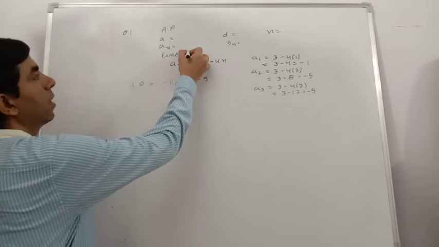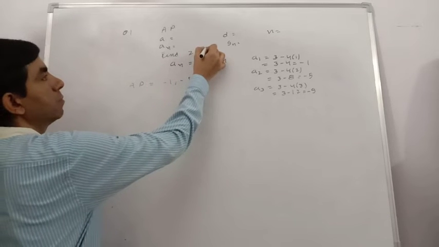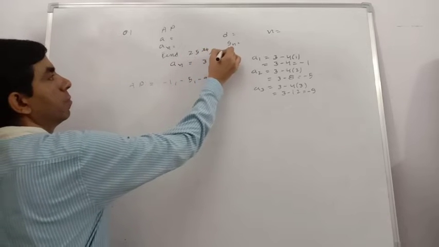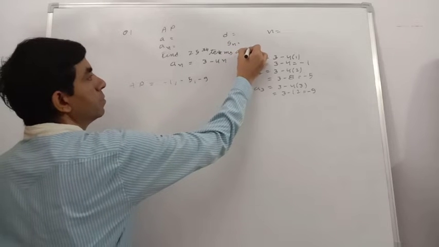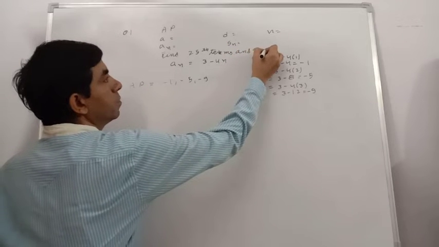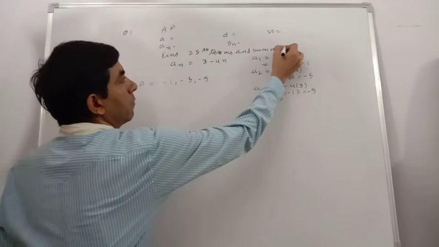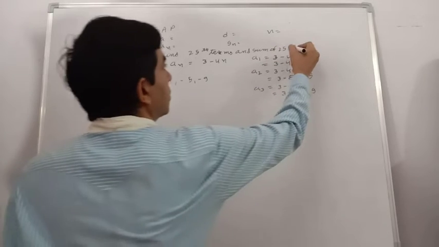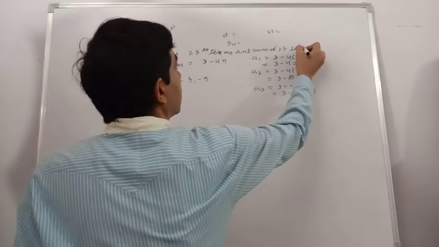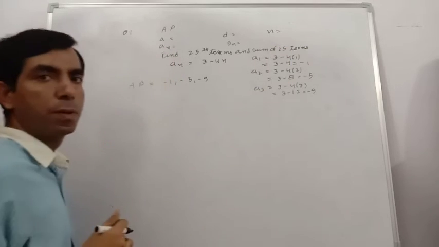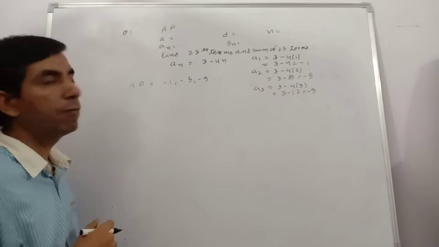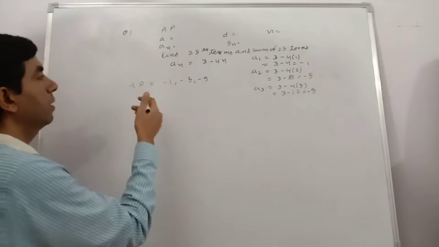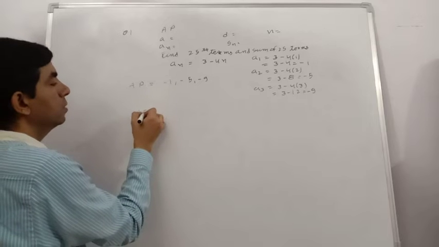If it asks to find the 25th term and the sum of 25 terms, so now we have to calculate A25 and S25.